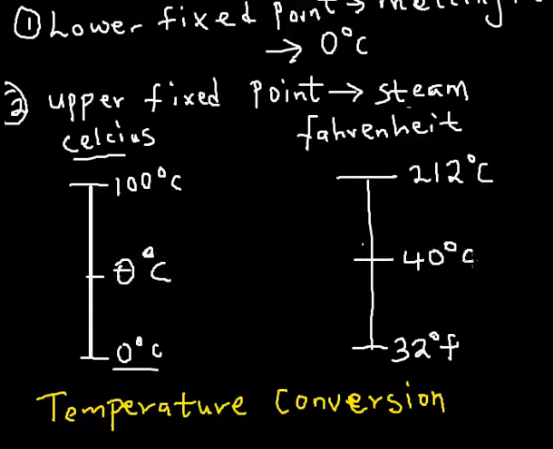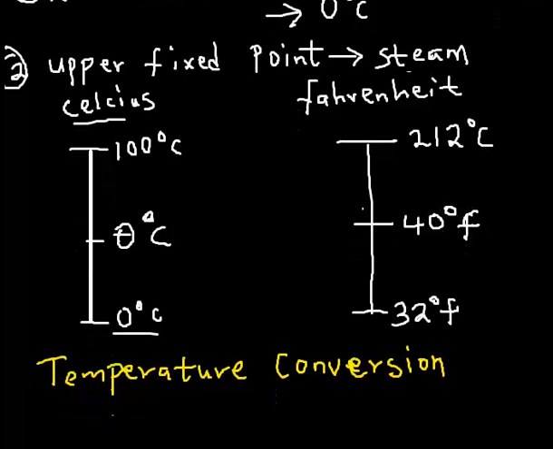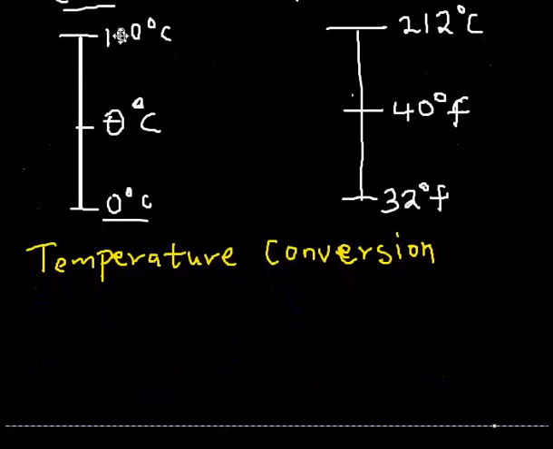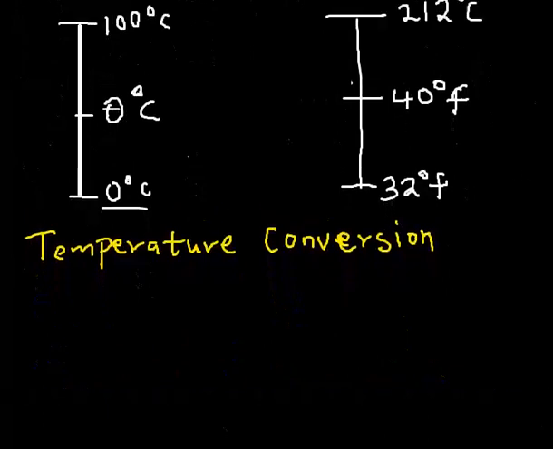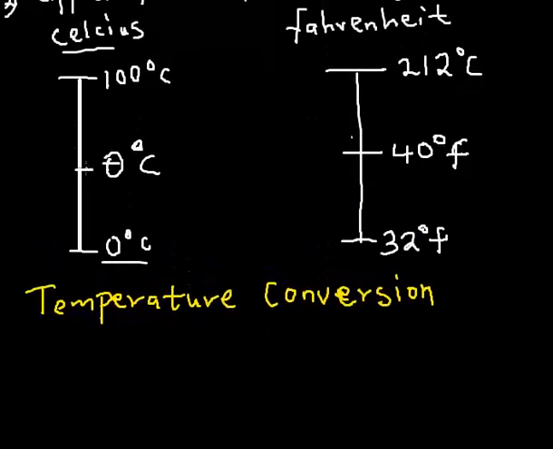I don't need to cram any formula. All I need to do is take the difference between the upper fixed point and the lower fixed point, then divide it by the difference between that temperature and the lower fixed point.